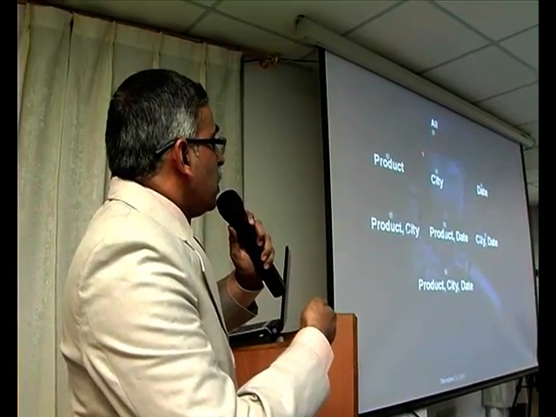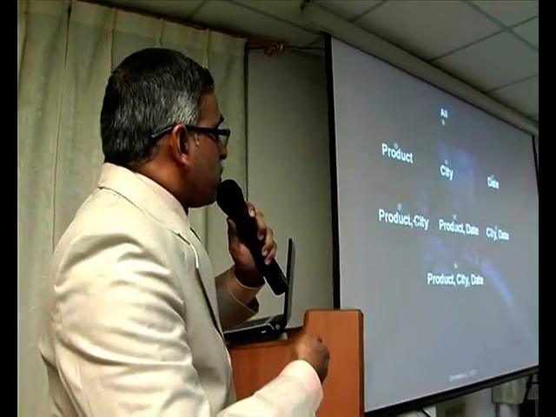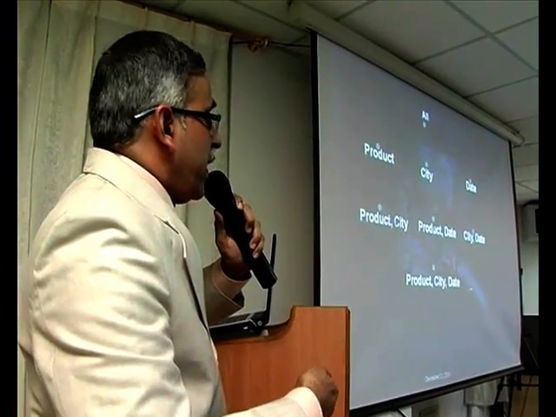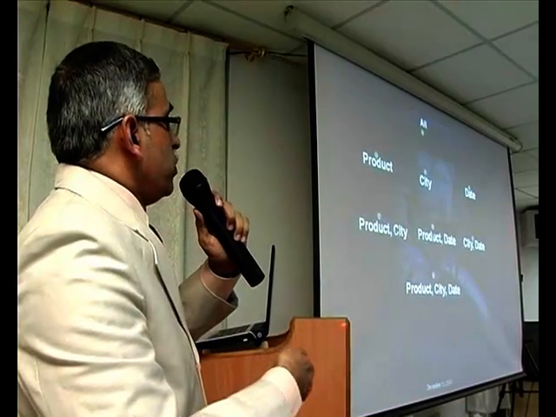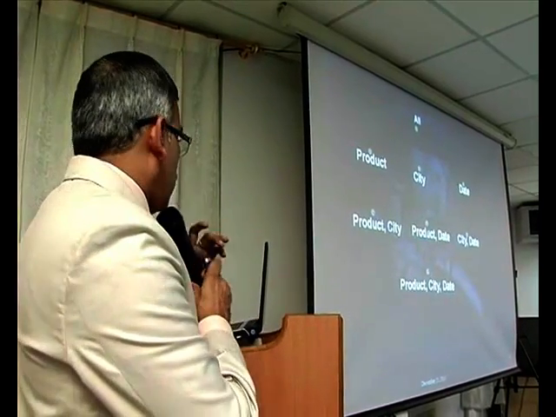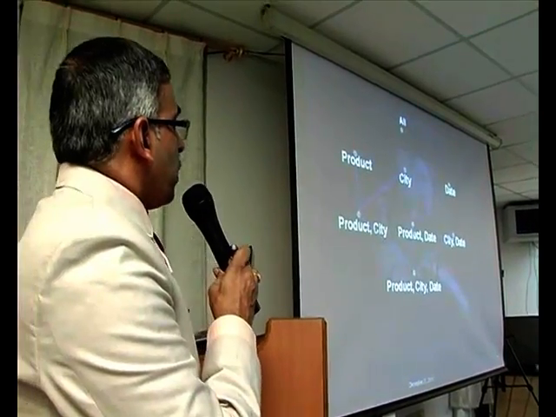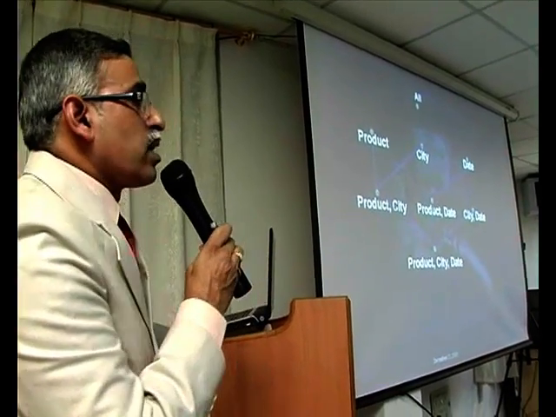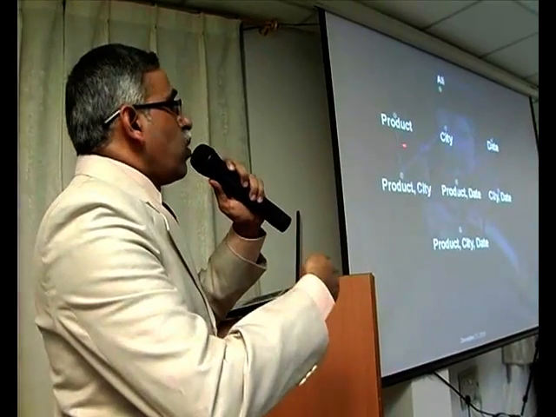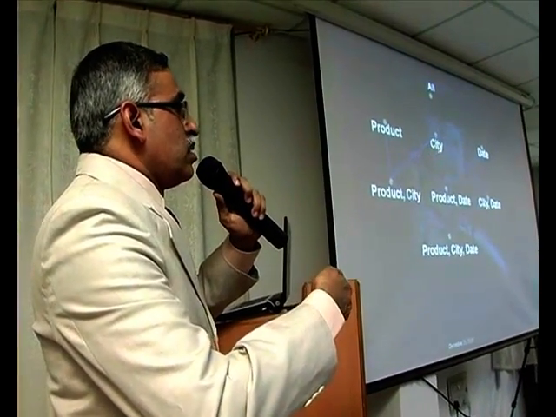Total sales means the total sales over all cities where the product has appeared, on all dates. That is computed again by using these two-dimensional combinations. Similarly, the city date combination. These are called one-dimensional cuboids.